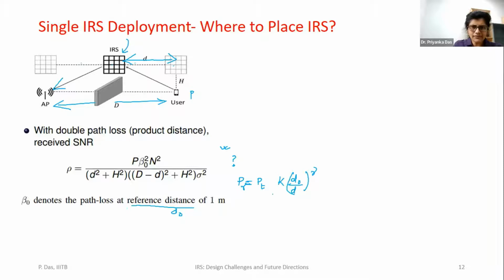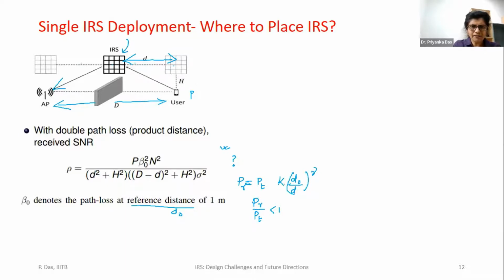Now beta naught is nothing but the path loss. Now what do you mean by path loss? This is nothing but your received power divided by transmit power. Okay, this is my path loss. Received power will obviously be less than transmit power, so this factor will be less than 1.